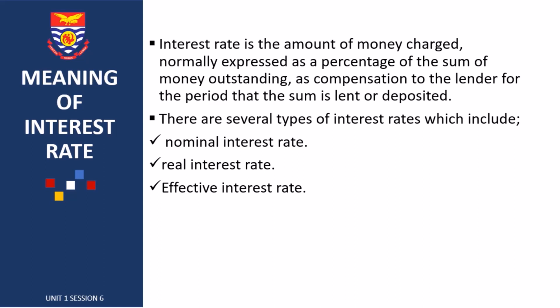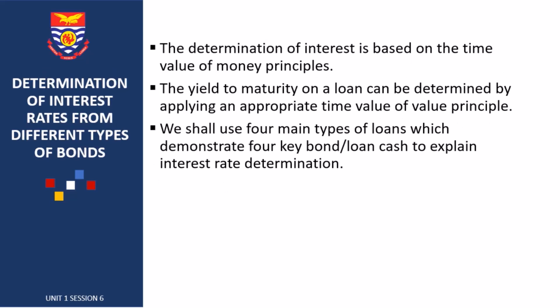So we have shared here that the nominal interest rate is an interest rate which is not adjusted for inflation. The real interest rate is adjusted for inflation, while the effective interest rate takes into consideration the compounding periods. So we want to look at the determination of interest rates from the different types of bonds.